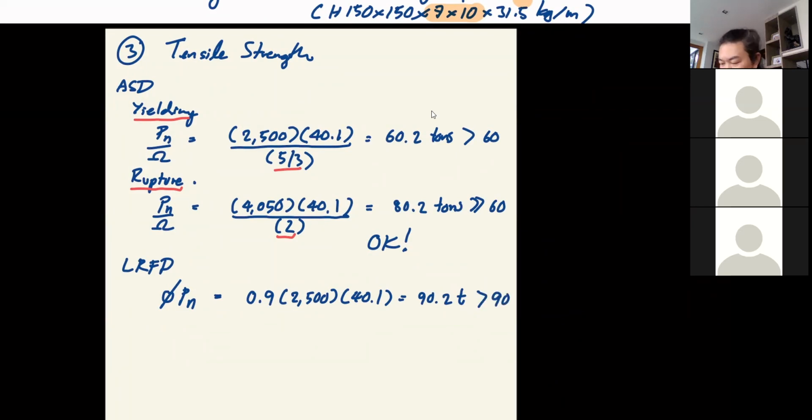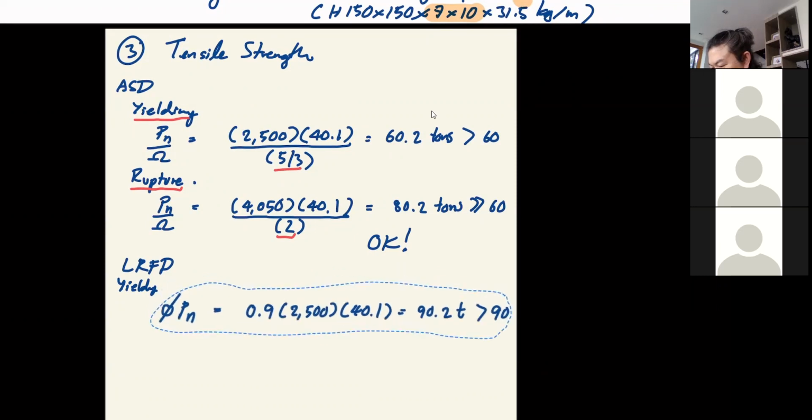I just ran out of space. Oh, I forgot to say this is yielding as well, sorry. Maybe I should move this a little bit so it looks nicer. All right, that's yielding, and I can write yielding better this time.